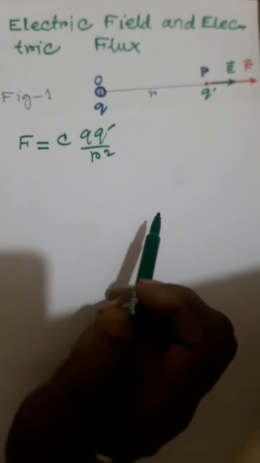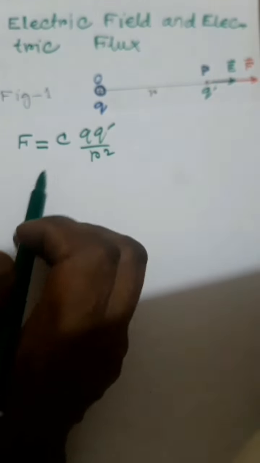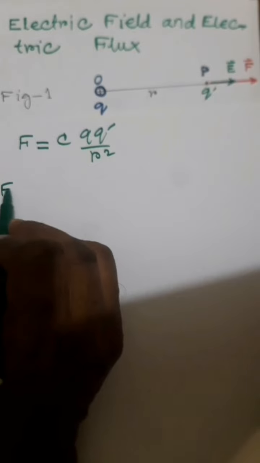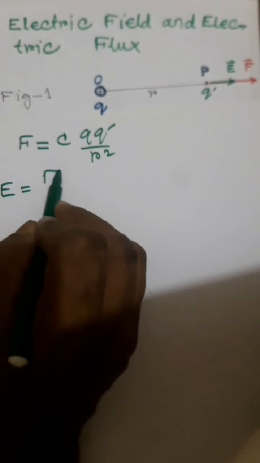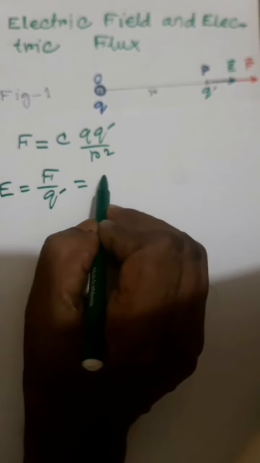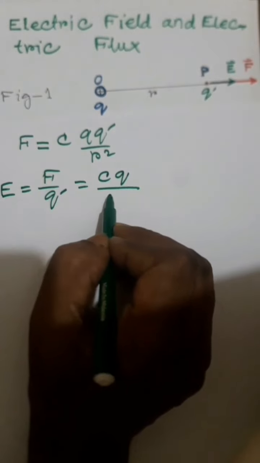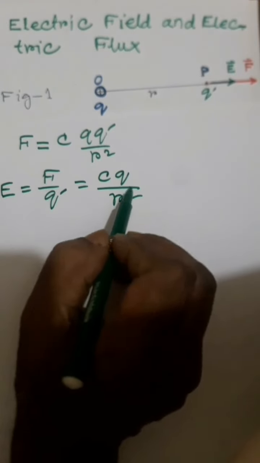The force on a unit charge at P is E equal to F by Q dash, that is kQ divided by r square.